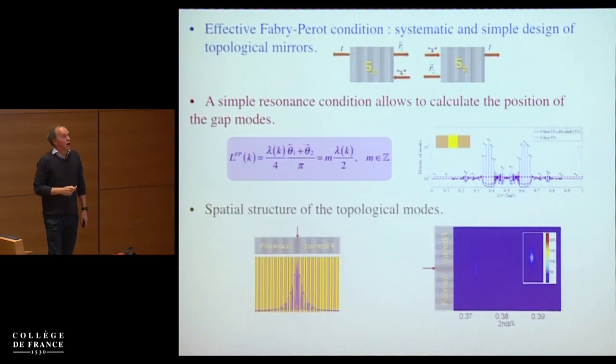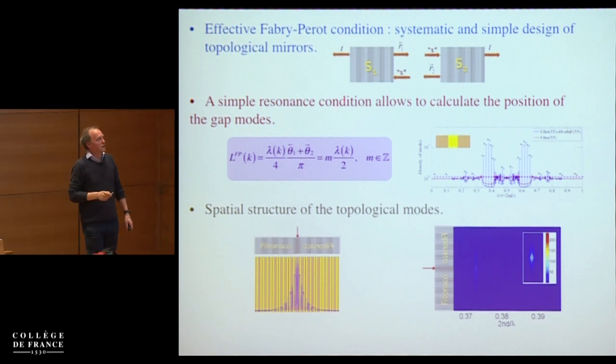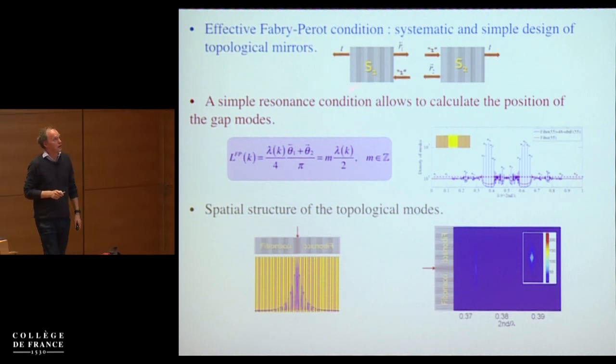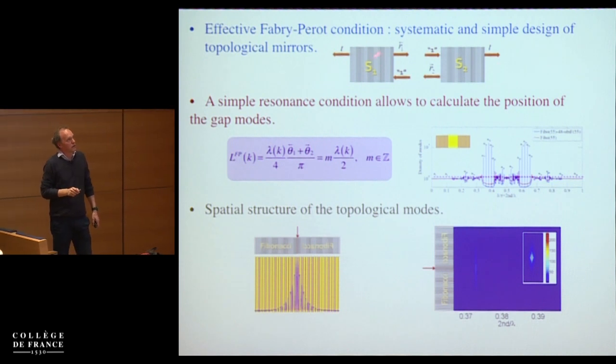Now, there are things that I did not discuss, but which are also quite interesting. Looking at a structure like this, we can describe it as an effective Fabry-Perot system, and it is a very systematic and very simple design of topological mirrors, so I call it a topological mirror. And there is a very simple resonance condition that allows us to calculate the position of the gap modes, and this is this resonance condition. You suppose that here you have, in fact, an effective Fabry-Perot cavity, even if the distance is 0, even if they are just close to each other.